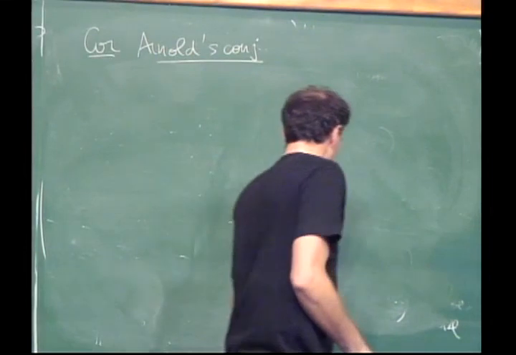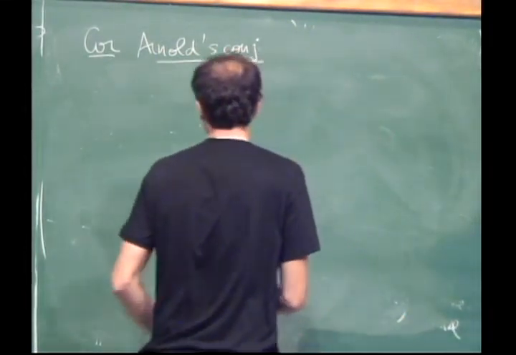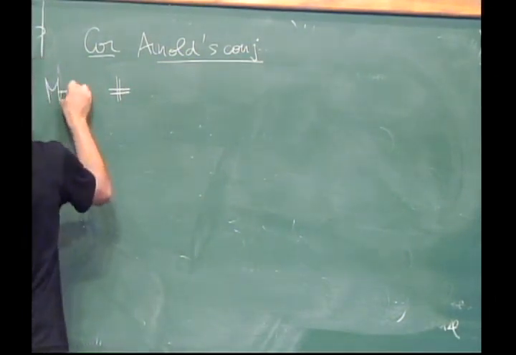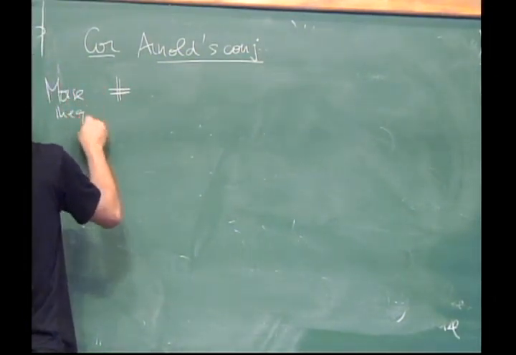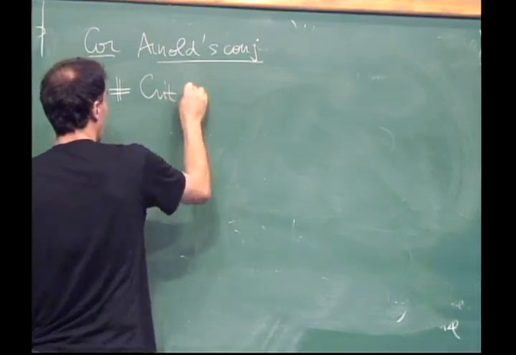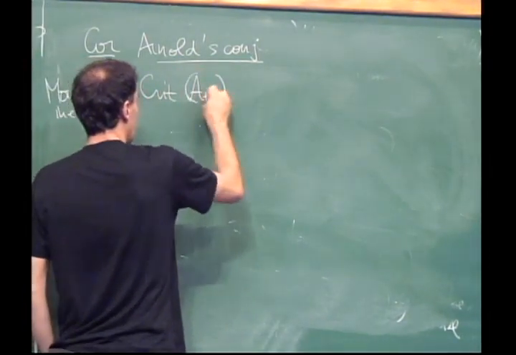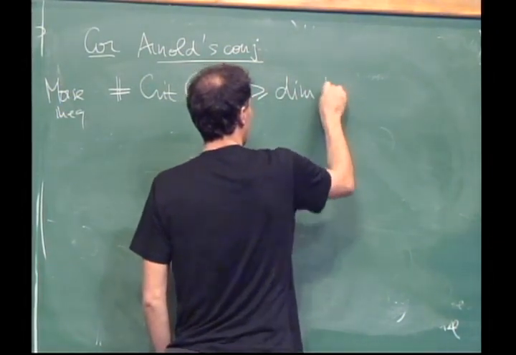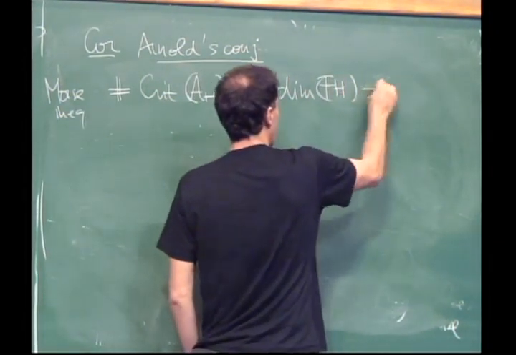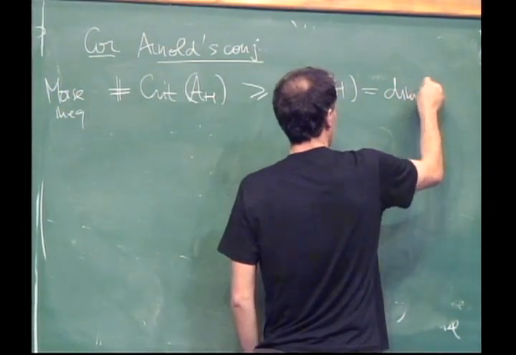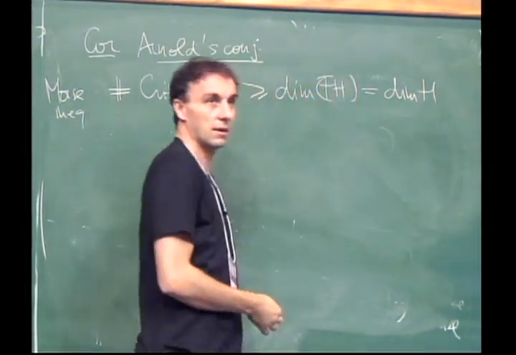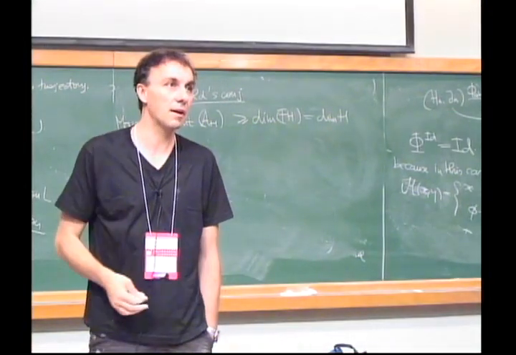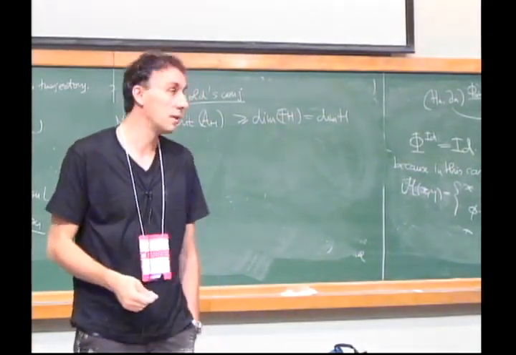This is an easy consequence because you have the Morse inequality saying that the number of critical points of A_H is greater than the dimension of the Floer homology, and this one is the dimension of the usual homology. So in the relative case, or in the absolute case, this is the proof of the Arnold conjecture with the Floer setting.